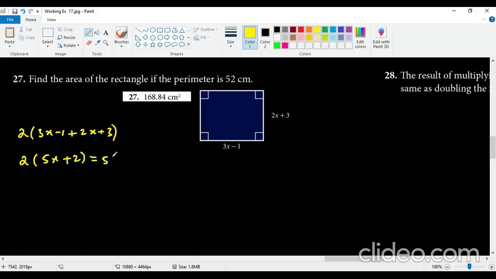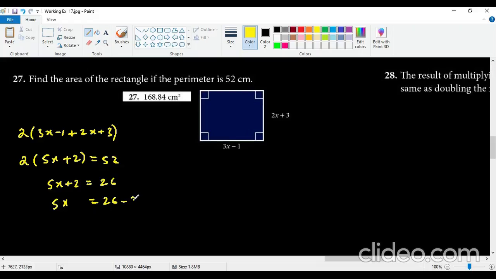So 5x plus 2, I'll keep it here, and 52 divided by 2 is going to give us 26, and 5x is equal to 26 minus 2.